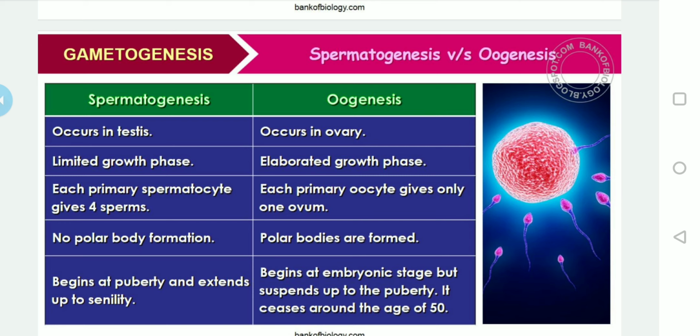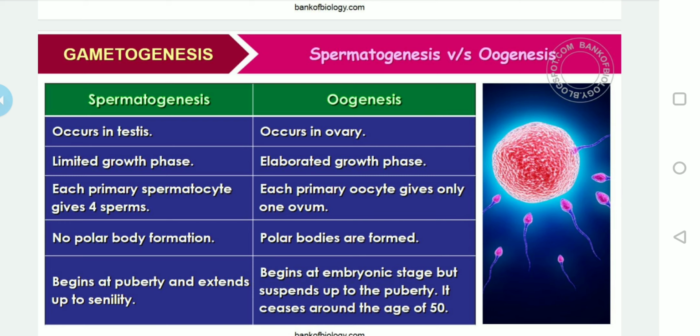Also, during spermatogenesis, each primary spermatocyte gives 4 sperms. You know it very well, because it is meiosis, right? But what about oogenesis? Each primary oocyte gives only 1 functional ovum. The remaining degenerate in the form of polar bodies, isn't it?